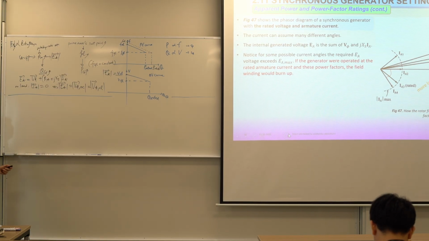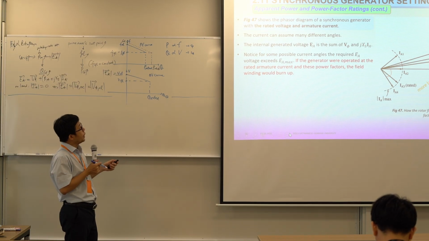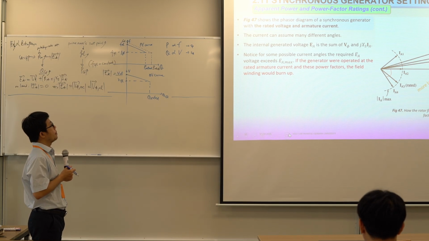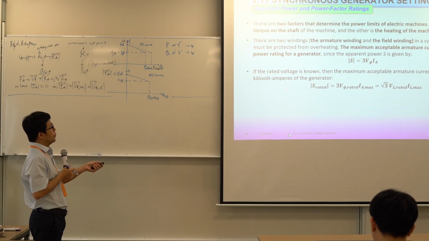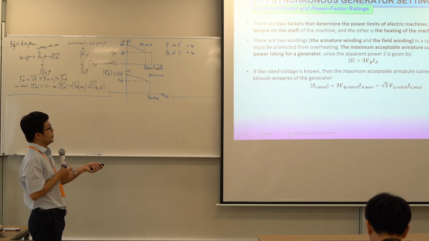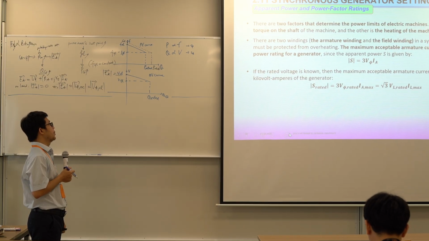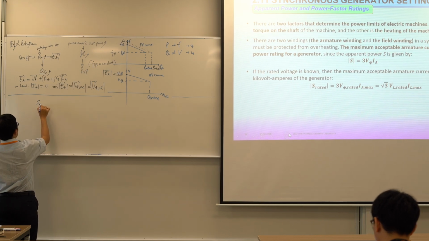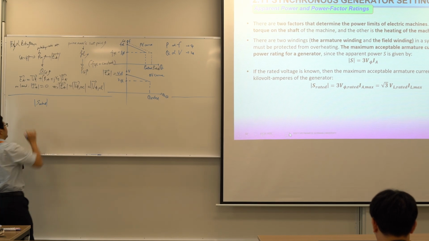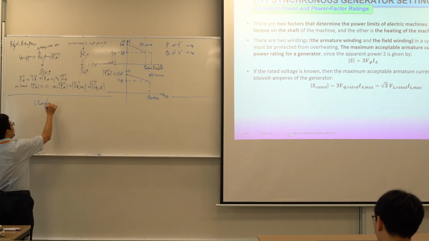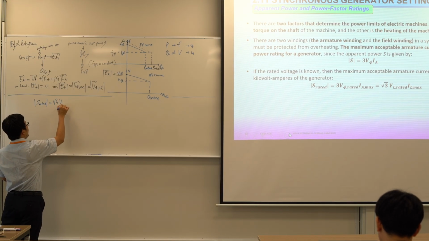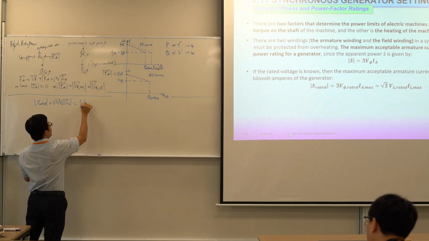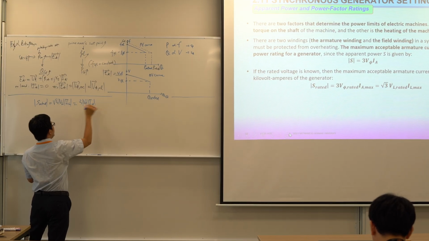Now we discuss apparent power and power factor ratings. We need to understand this formula first, right? And I also explained it to you. So you should remember, for every synchronous generator we need to know the rated apparent power. This is root 3 VL IL, or 3 V phi IA.